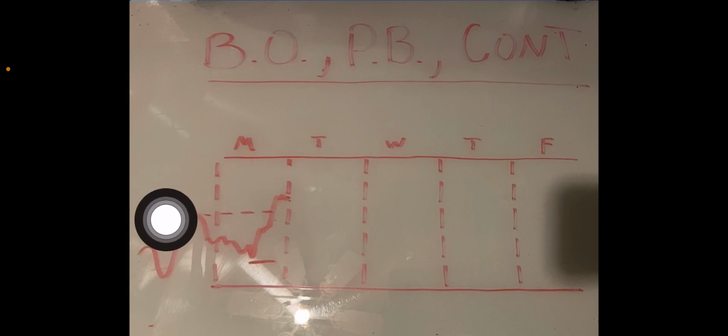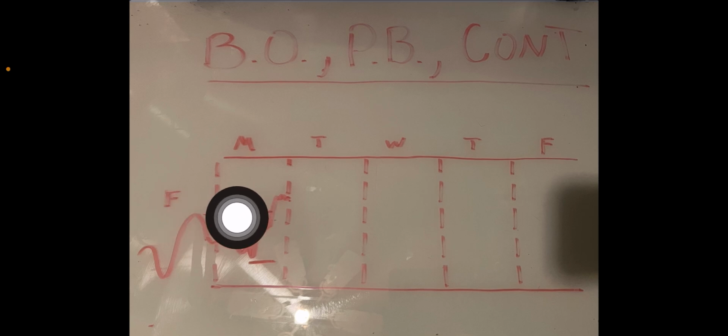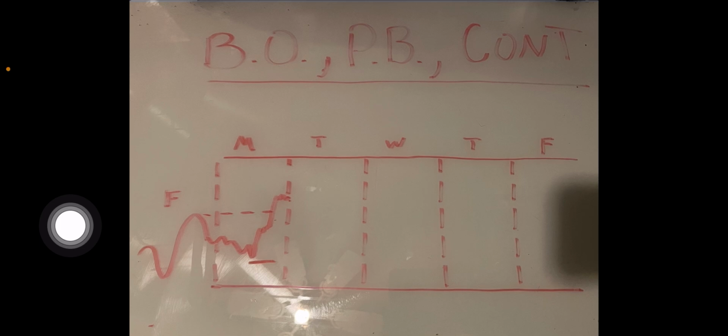So here's Friday. On Monday, we break Friday's high. So Monday has broken out. That's our breakout. So now, if this market's going to continue up, we would be waiting for a pullback, then a continuation trade.